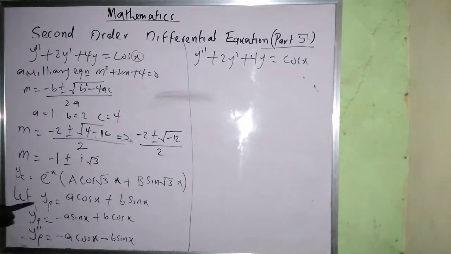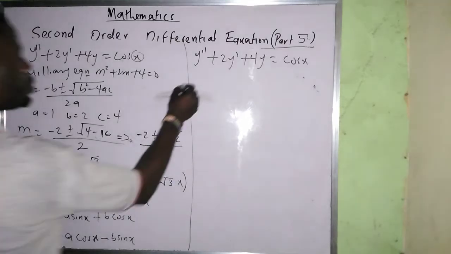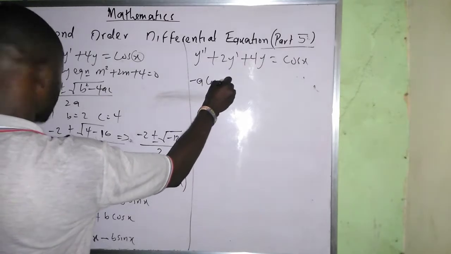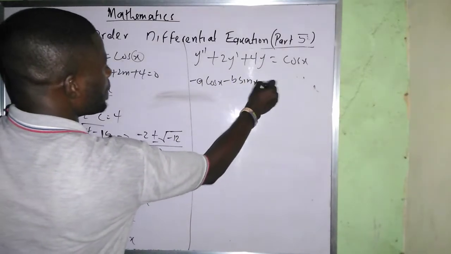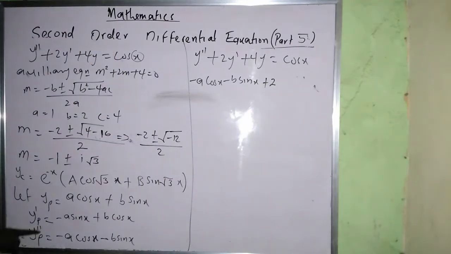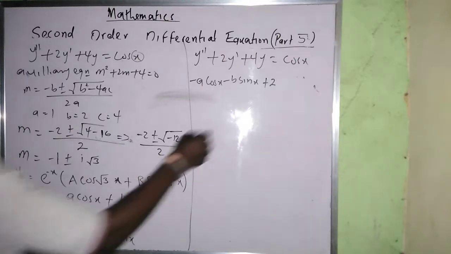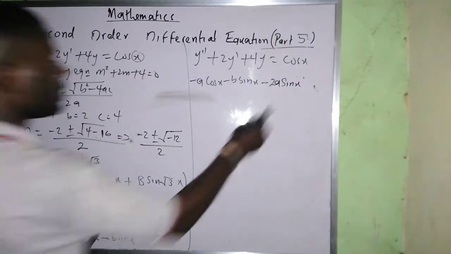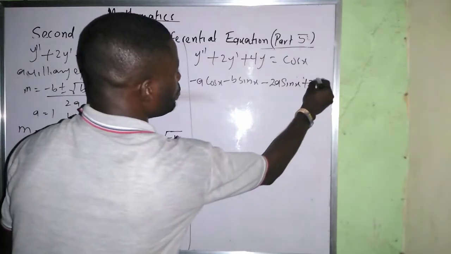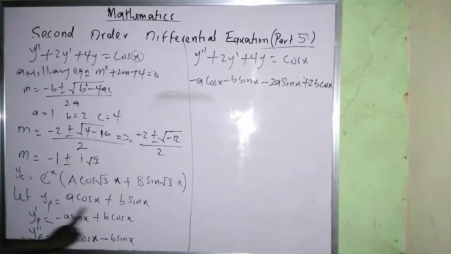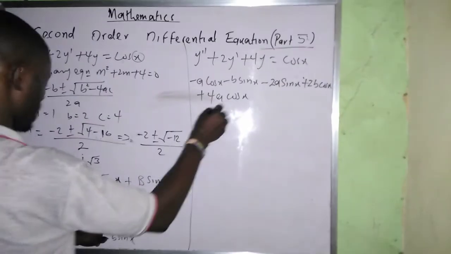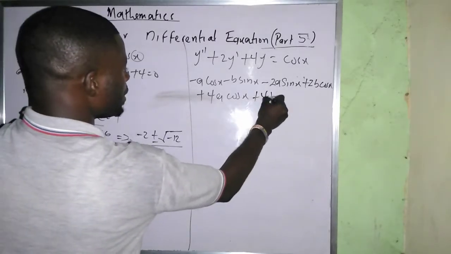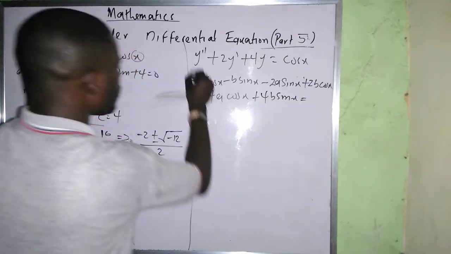It means my y prime prime will be minus A cos x minus B sine x, plus 2 of y prime, which is minus A sine x plus B cos x, times 2, plus 4 of y, which is A cos x plus B sine x, times 4, all equal to cos x.